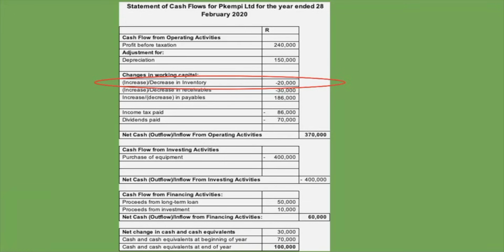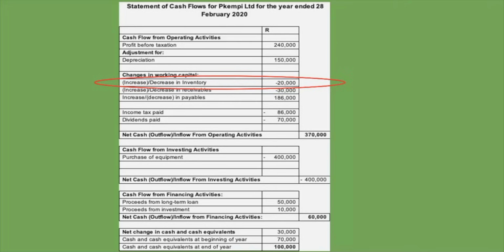Why do we do that? Because we assume that you bought inventory, and by buying more inventory or by having more inventory than you had in the previous year, you spent money to buy that inventory. And if inventory has decreased in the statement of financial position from the previous year to the current year, then we'll put it as a positive in the statement of cash flows, because we assume that you sold more inventory. That is why you have less during this period. So the statement of cash flows merely records the movement of cash alone.